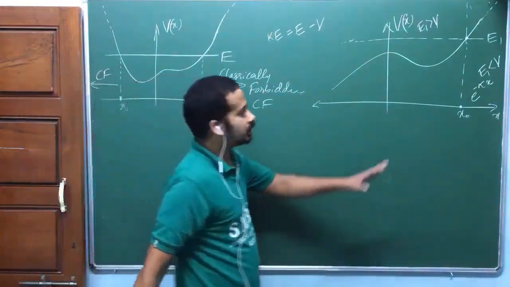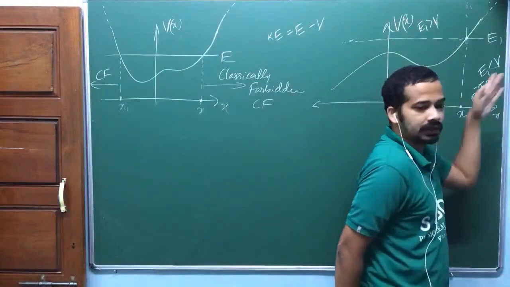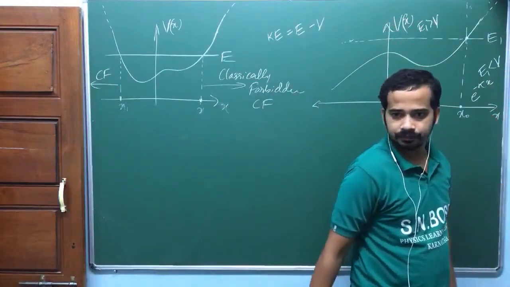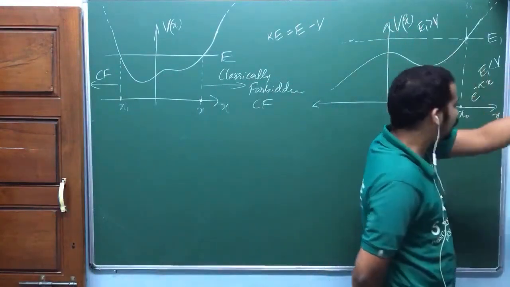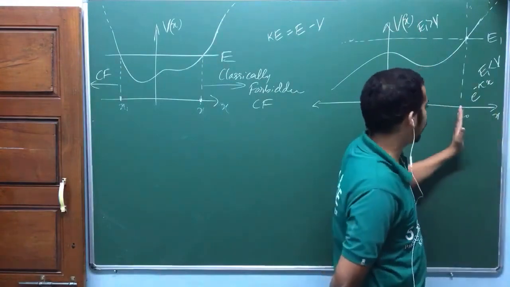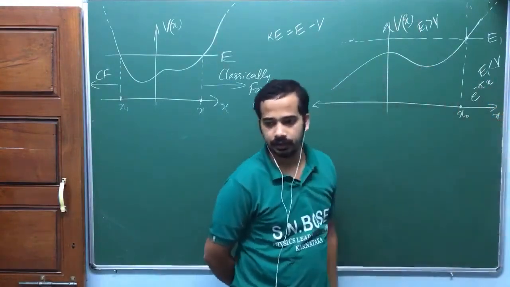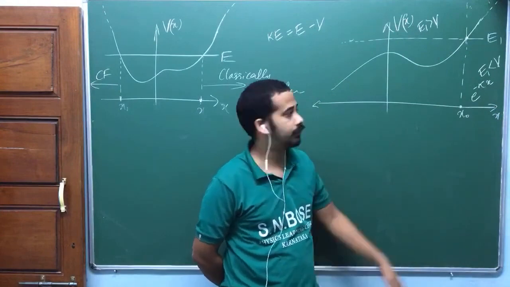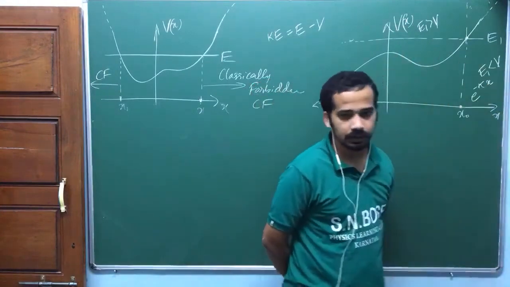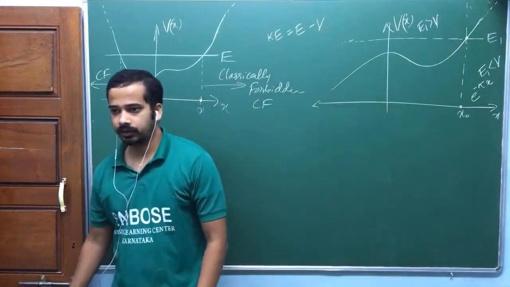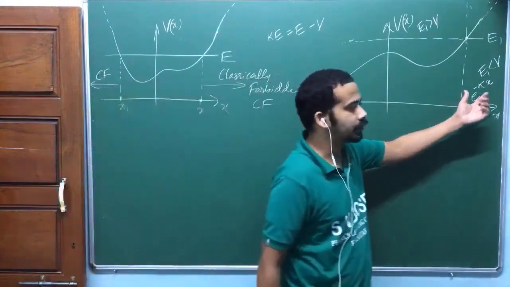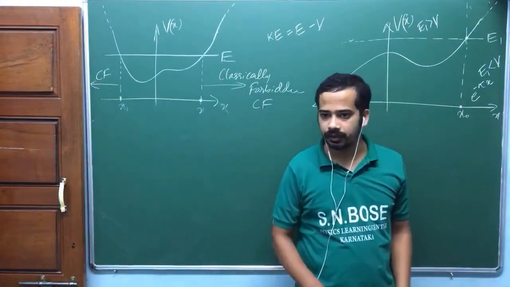So in the classically forbidden region, the particle cannot escape. This whole region from x0 to plus infinity is the classically forbidden region. The particle cannot escape there because you will have this kind of solution whose current density is 0, isn't it?